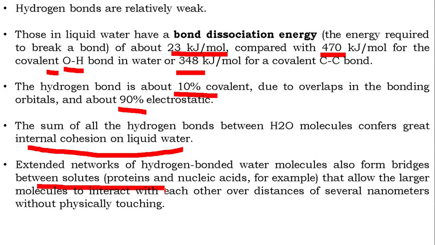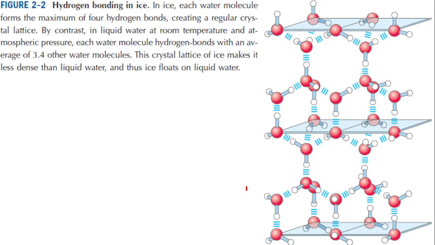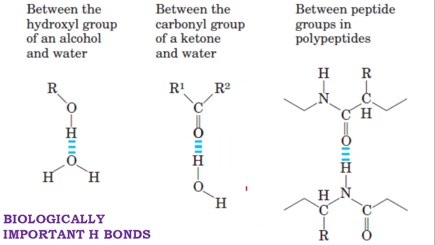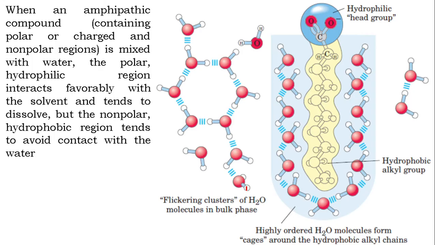In the biochemical system, the solutes are proteins, nucleic acids, carbohydrates, etc. that allow larger molecules to interact with each other over distances of several nanometers without physically touching. We will see that in a diagram. Actually, we have a diagram. We will come to that later.